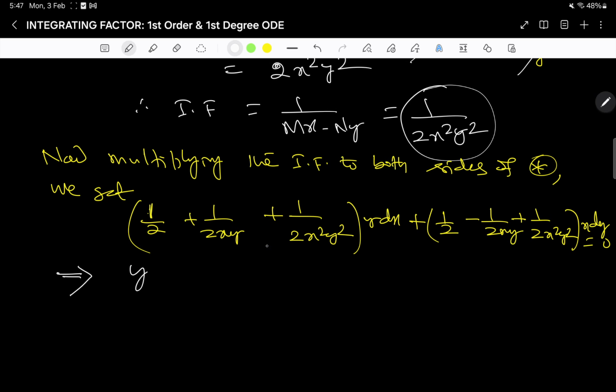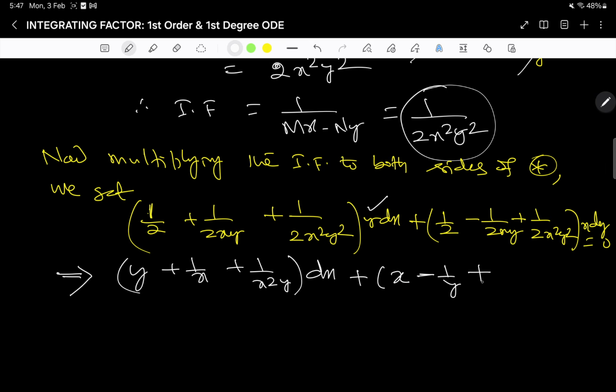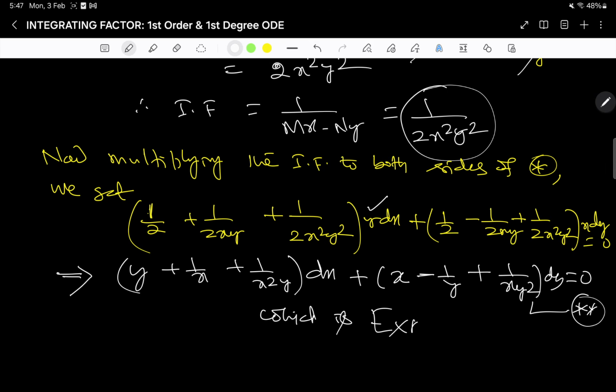It is y plus 1 by x plus 1 by x square y into dx plus x minus 1 by y plus 1 by xy square dy is equal to 0, which is exact. Now once it is exact, the solution of double star is nothing but the solution of star.